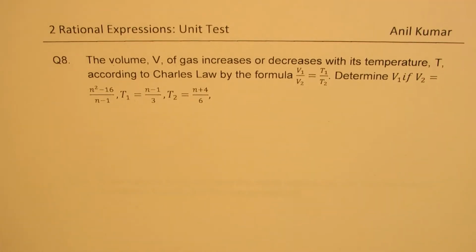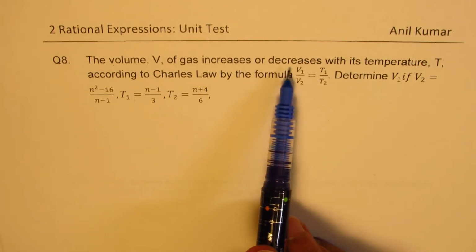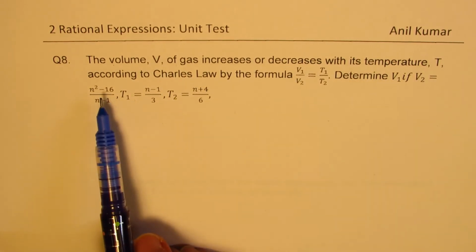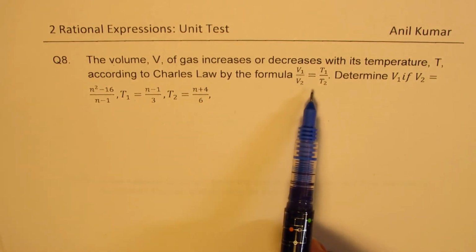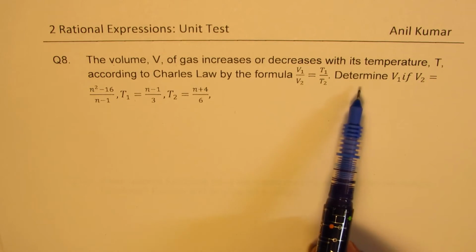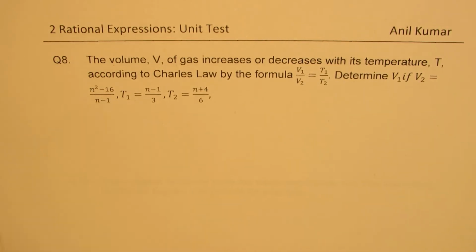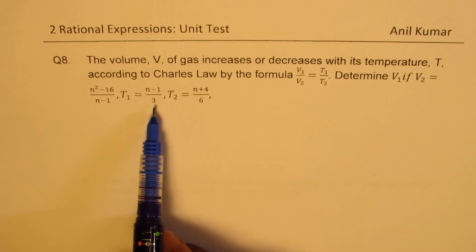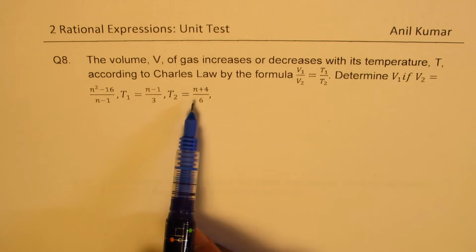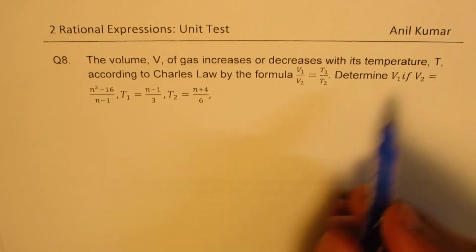Question number 8. The volume V of gas increases or decreases with the temperature T according to Charles' law by the formula V1 over V2 equals T1 over T2. Determine V1 if V2 equals n squared minus 16 over n minus 1, T1 is n minus 1 over 3, and T2 is n plus 4 over 6. We need to find what V1 is.